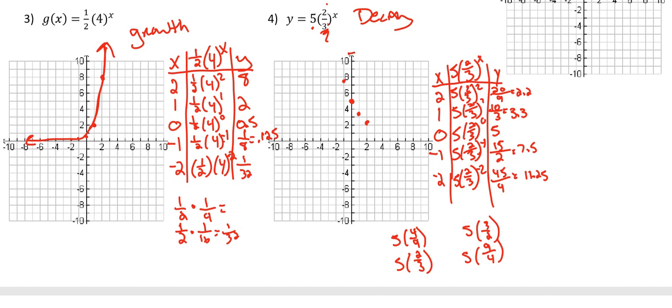This will be 11, so something like that, etc. Oops, it shouldn't be crossing that line. Something like that, right above the line. All right, so that's pretty much what the graph should look like.